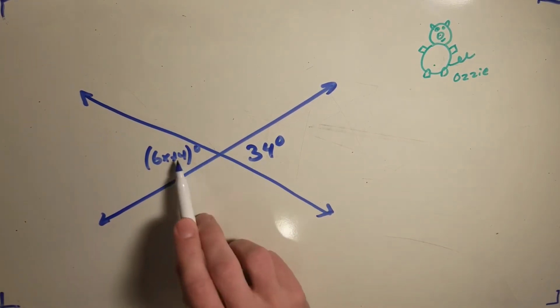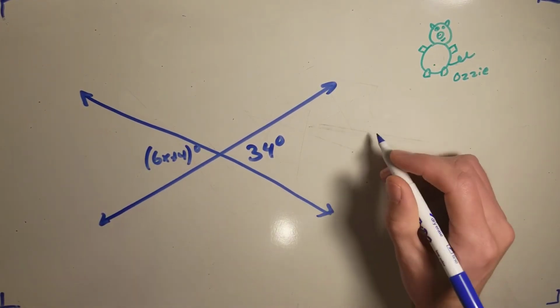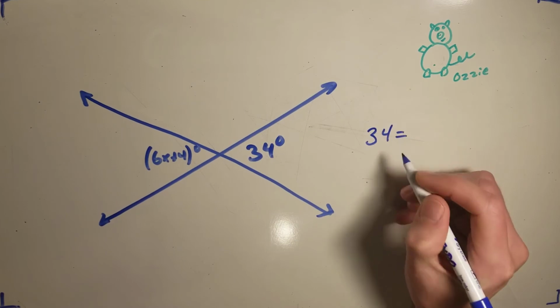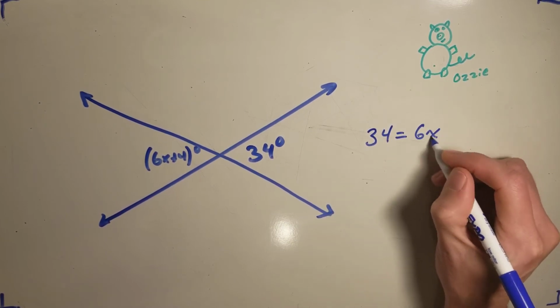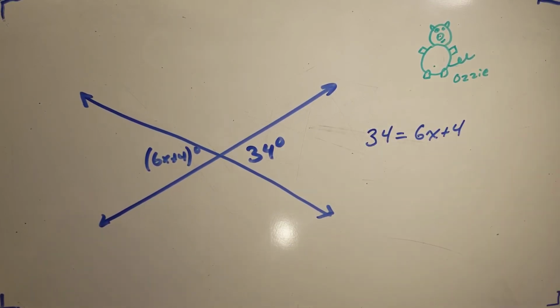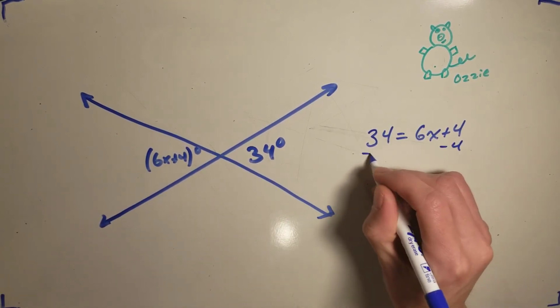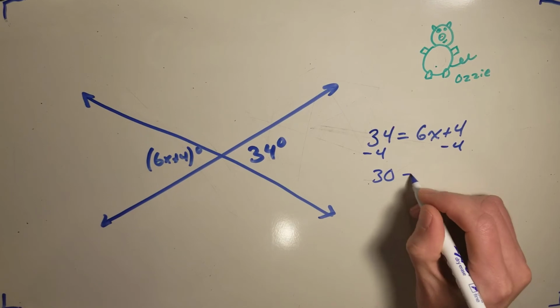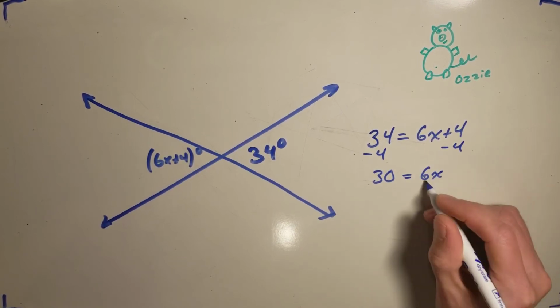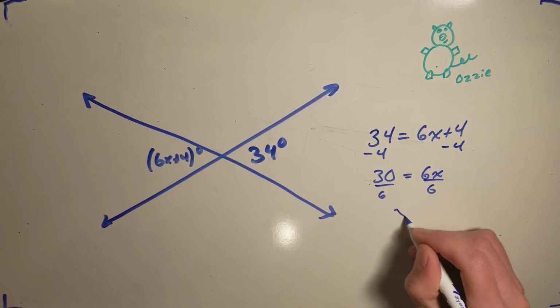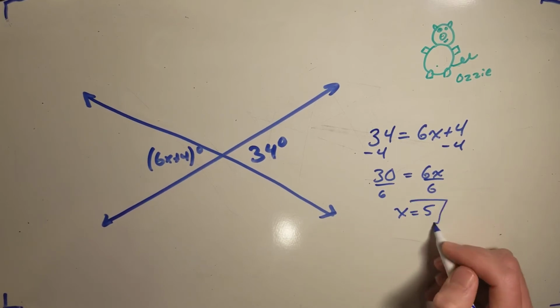These angles are vertical to one another, so we know 34 has to equal 6x plus 4. Our goal is to find the value of x here. So subtract 4 from both sides. 30 is equal to 6x. Divide by 6, so x should be equal to 5.